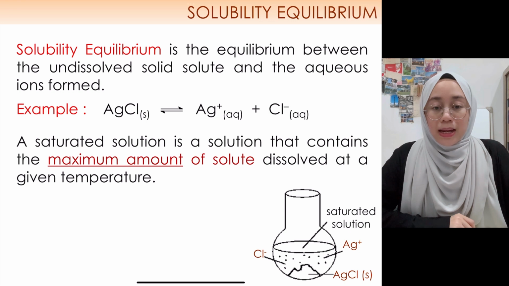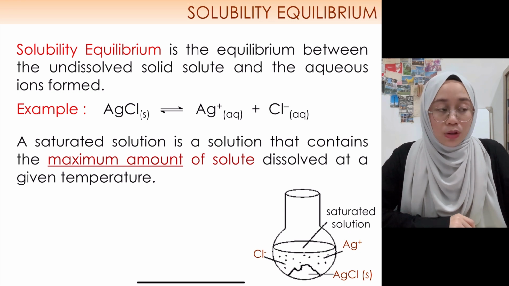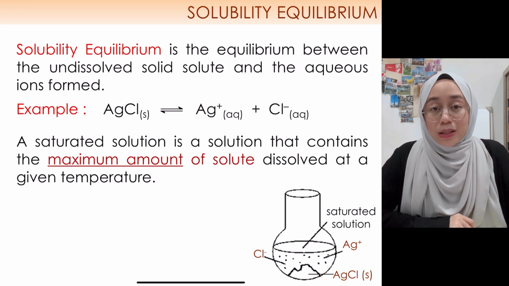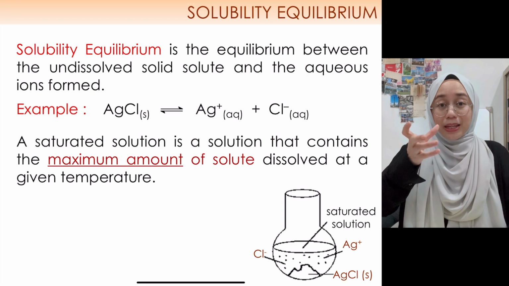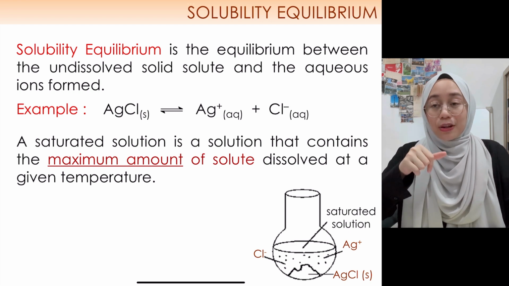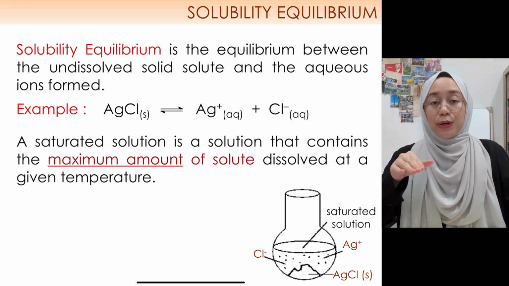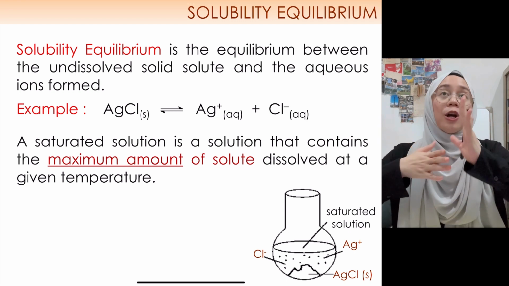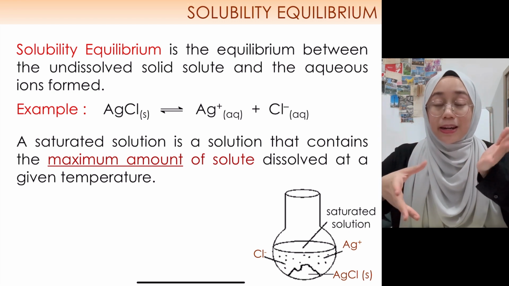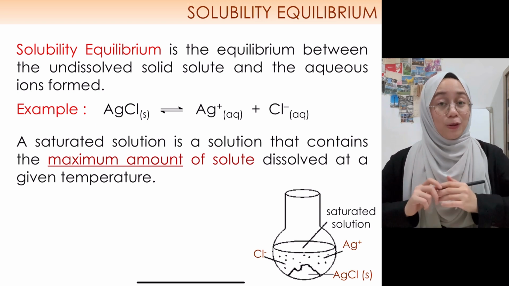Okay, so bila dah ada the undissolved solute, bermaksud itu bukan dah saturated solution, but that one is what we call as supersaturated solution dah. Okay, bila kita dah nampak ada precipitate sebenarnya kelas, ada bahagian solid yang undissolved tu, itu dah kepada supersaturated dah. Okay, but then as long as kamu tak mencapai lagi bahagian tu, tak nampak lagi the solid part, itu kita panggil sebagai saturated solution dah sebenarnya.